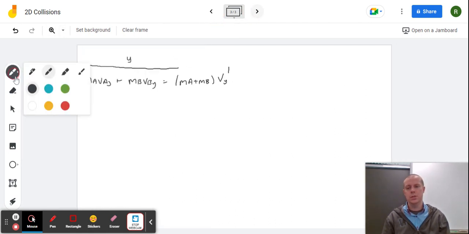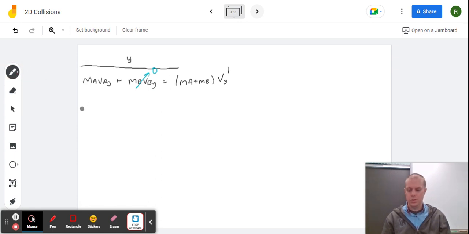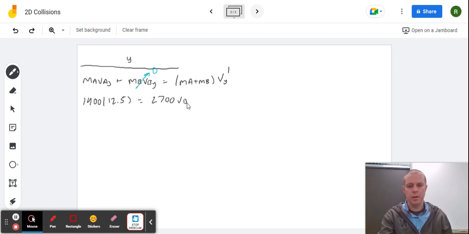So what that means is this value here is going to be 0 this time. So we've got 1400 times 12.5 equals 2700 VY prime.